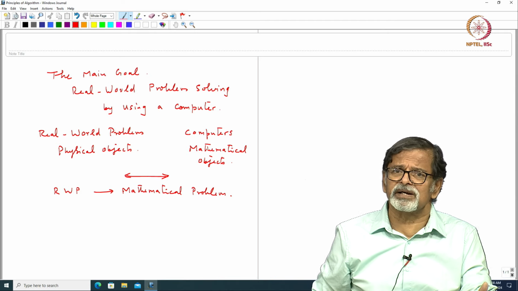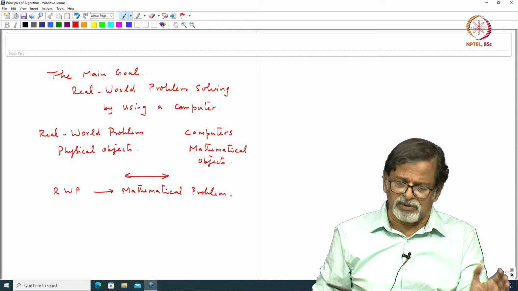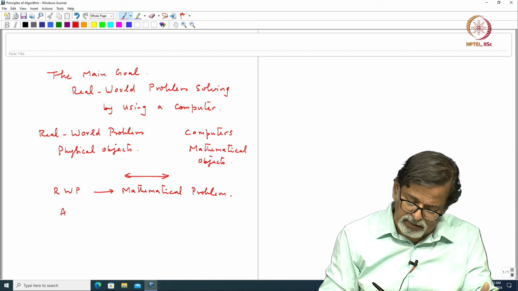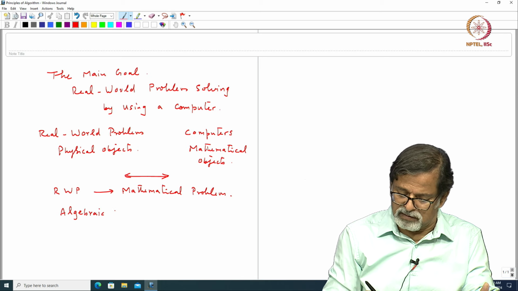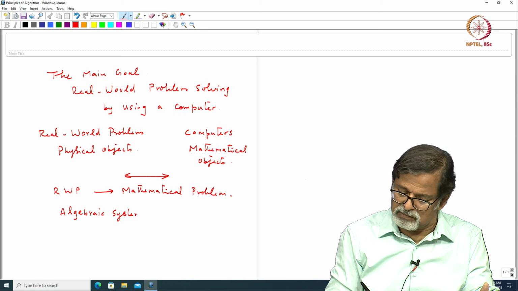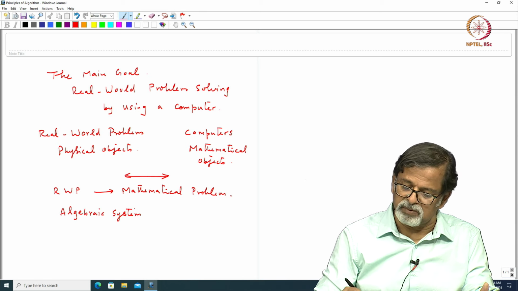What is a mathematical model? Mathematicians call them algebraic systems.